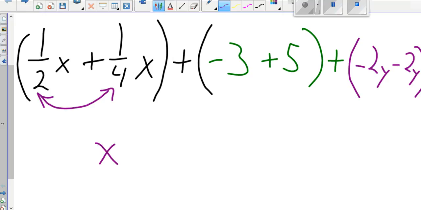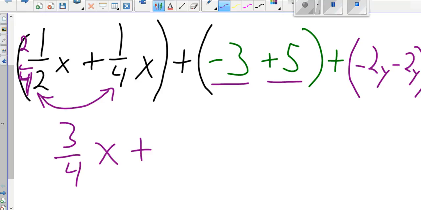We're going to have to change this to 2/4, so we have a common denominator. So 2/4 plus 1/4 equals 3/4 x. Then next we have a -3 plus a 5, so that gives us 2. And then finally we're going to add what's going on here, which is a -2. Technically it's plus another -2, just like subtracting a 2y would be the same as adding a -2y.